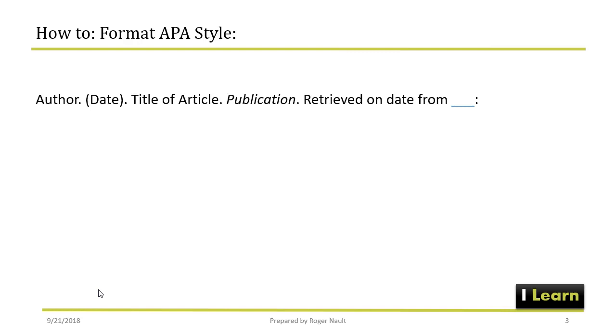So inside of all that, more specifically, we're looking for the author of the written work. Secondly, the date, the title of the article or the title of the piece from which you're drawing your information, and then basically where you found it. What publication did you find it in?